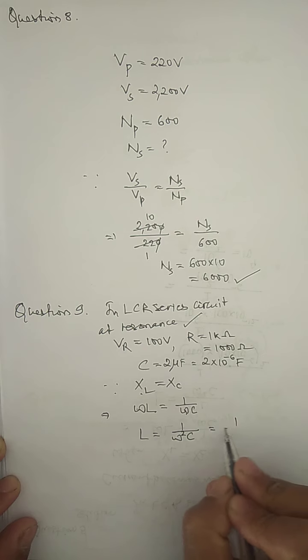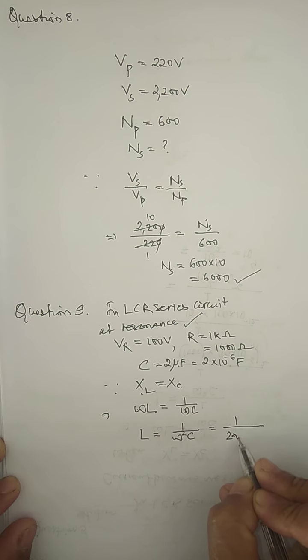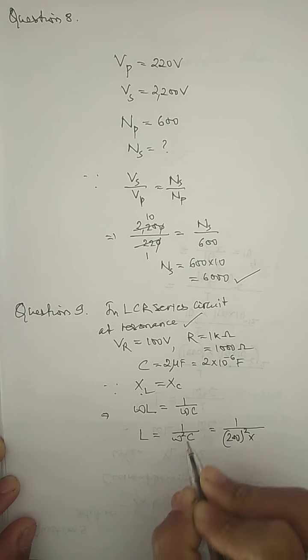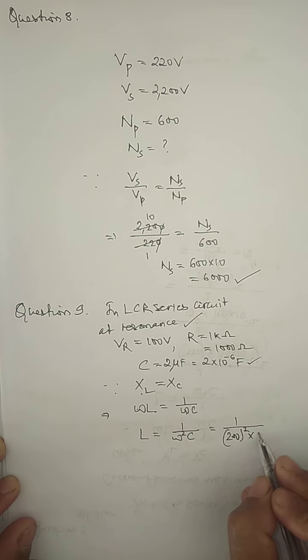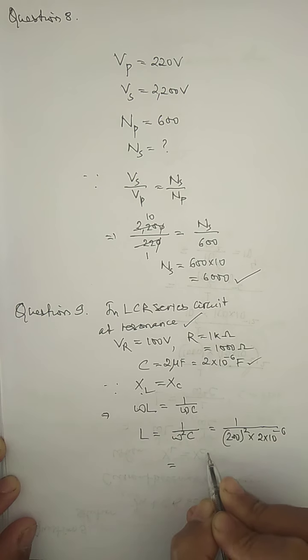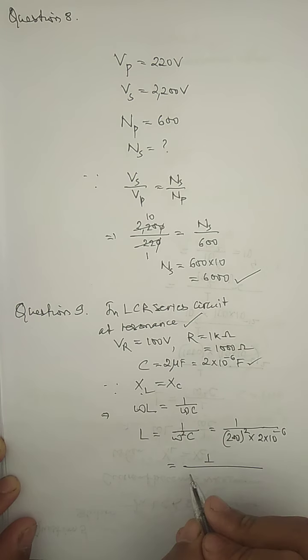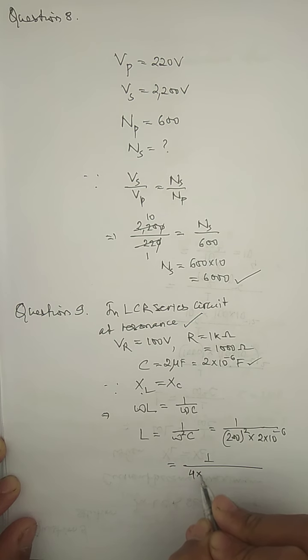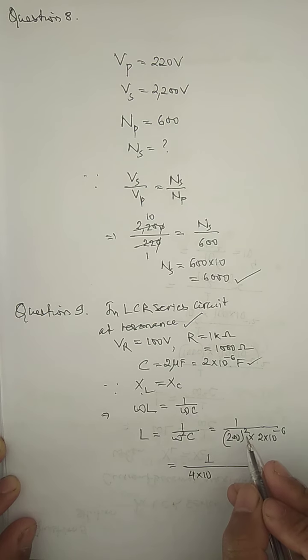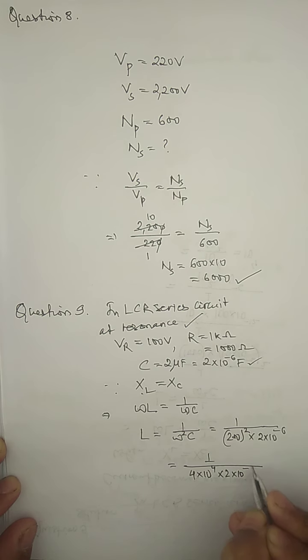In the question, the angular resonant frequency is 200 radian per second, that is omega. So omega is 200, whole square, and C is 2 into 10 to the power minus 6. Let's calculate the value. 200 I can write as 2 into 10 squared, so square means 4 into 10 to the power 4, into 2 into 10 to the power minus 6.